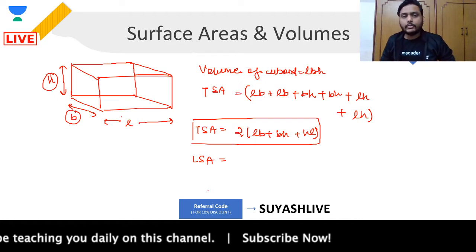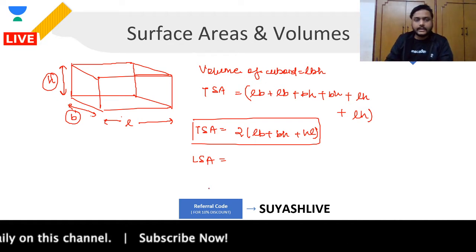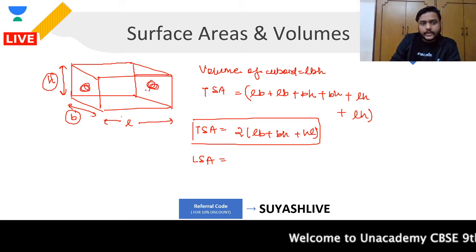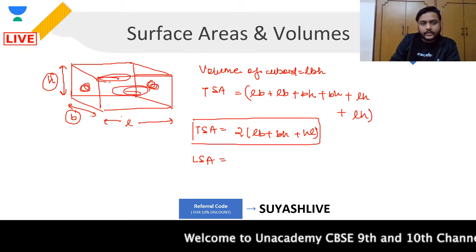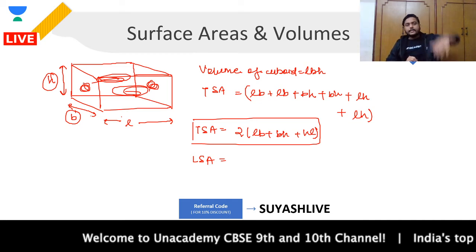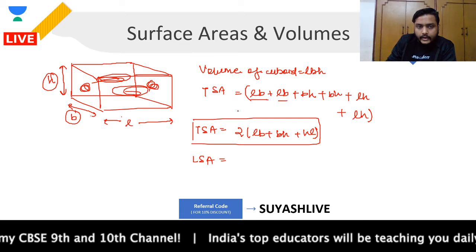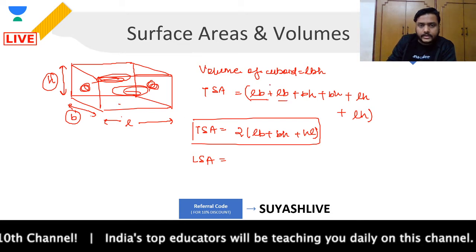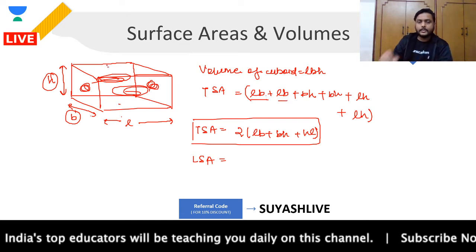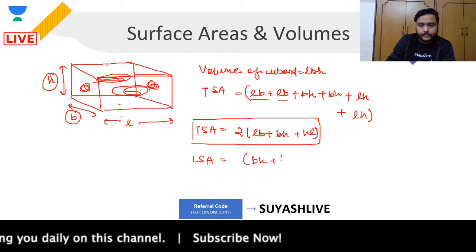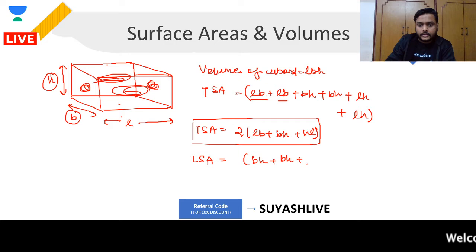And to write down my lateral surface area, I will say the lateral surface area will be the area of this front face and this back face. In the lateral surface area, I will not take the area of the top and bottom. So this LB and LB, LB of the lower face and LB of the upper face, that will be removed and it will come out as BH plus BH plus LH plus LH.